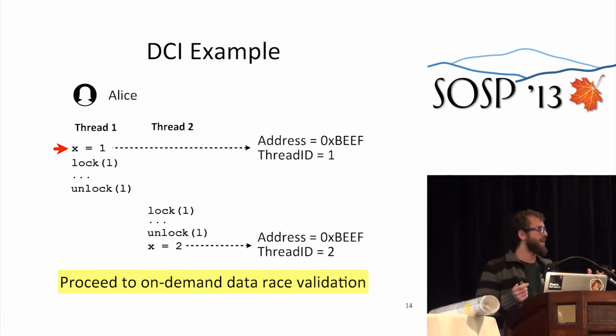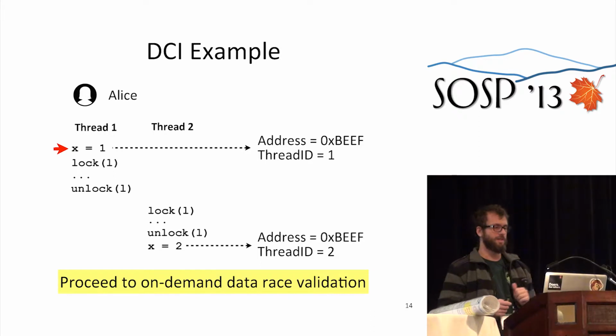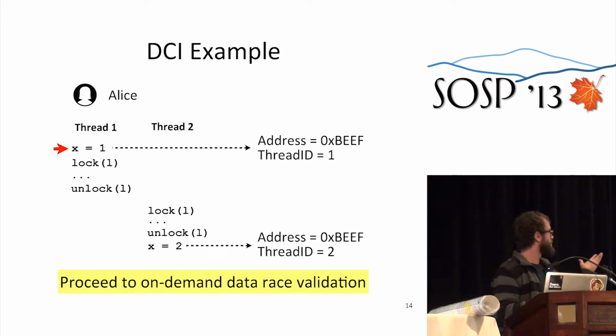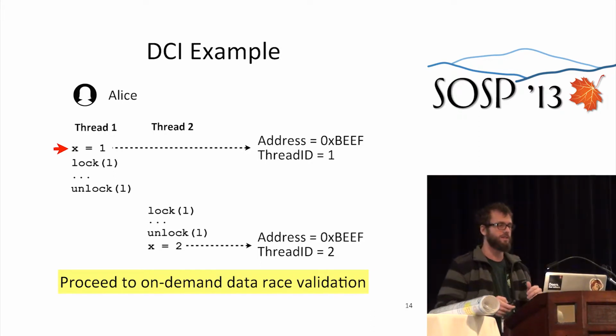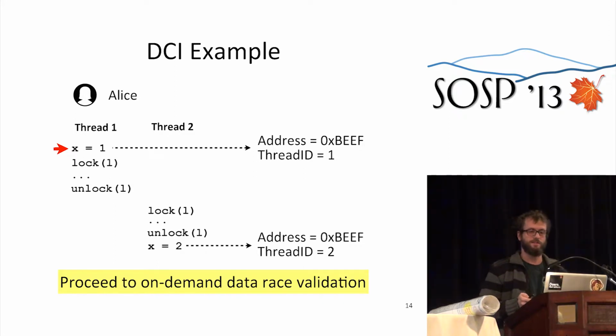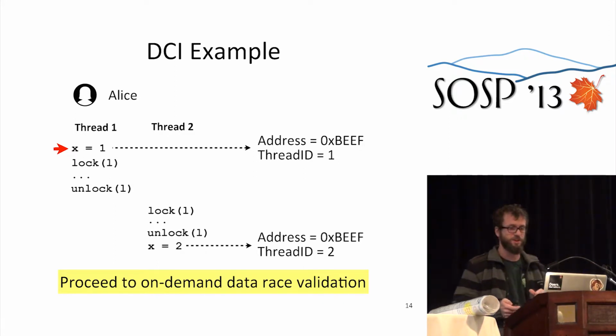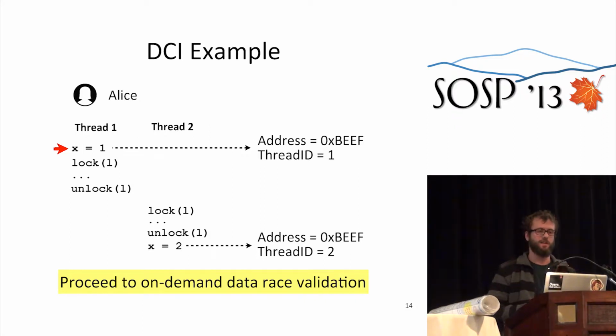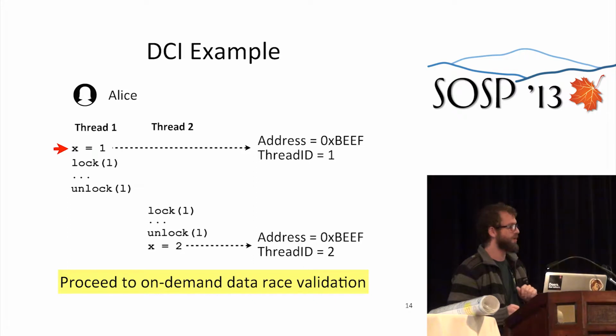Let's illustrate how dynamic context inference works with the earlier example. In a certain execution of the program, here by a user Alice, thread 1 accesses the variable x, and at this point, RaceMob records that the access is made to the variable at address beef from the thread with ID 1.